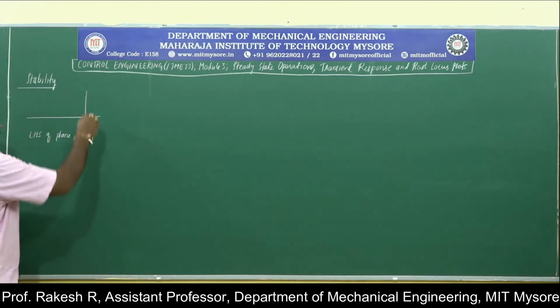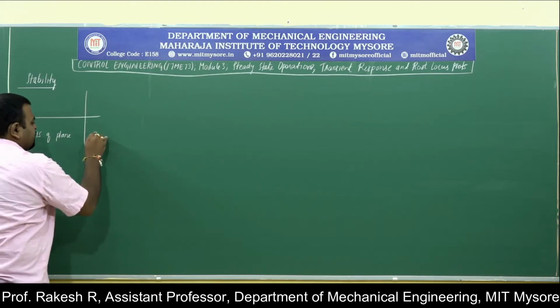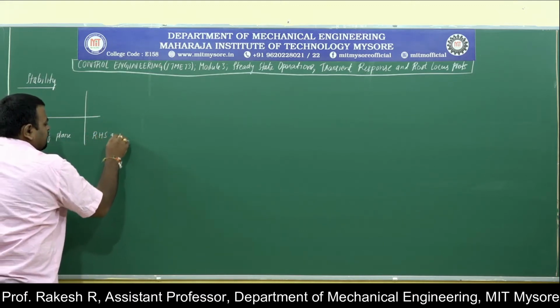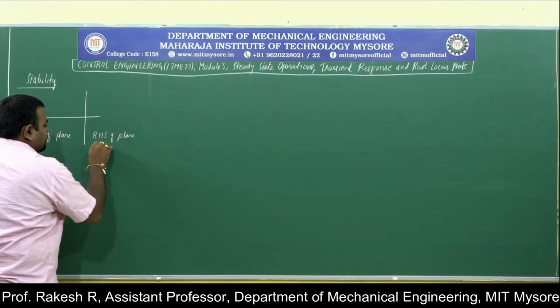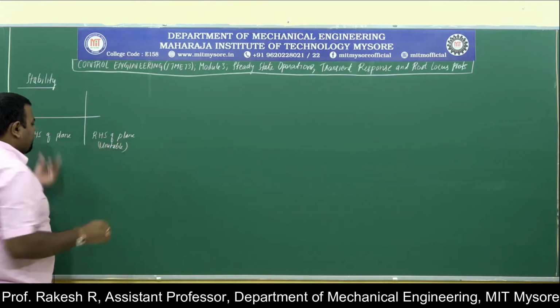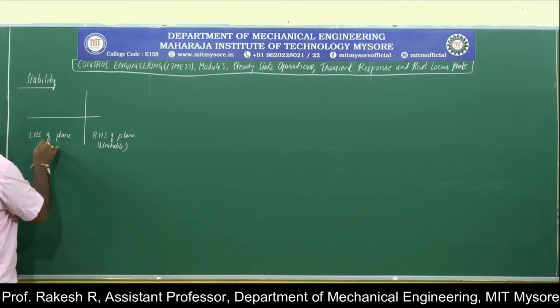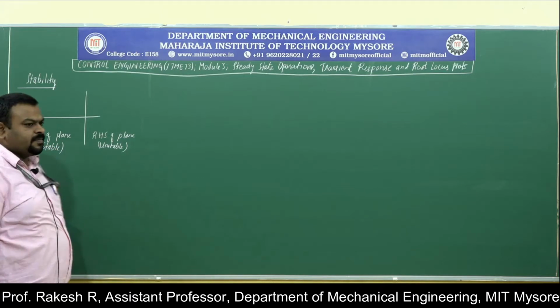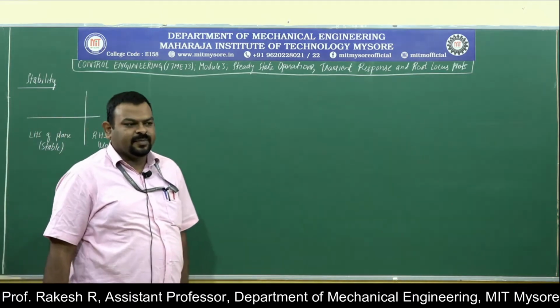If one of the roots is on the right hand side, then the system is unstable. So if it lies on the left hand side, the system is stable. This is the concept of stability in time domain.